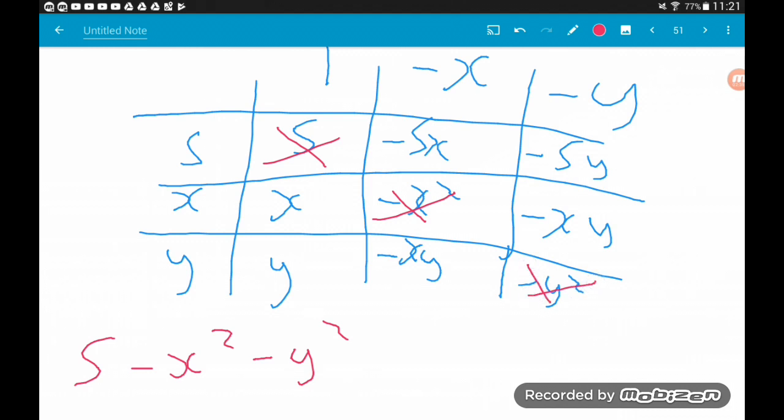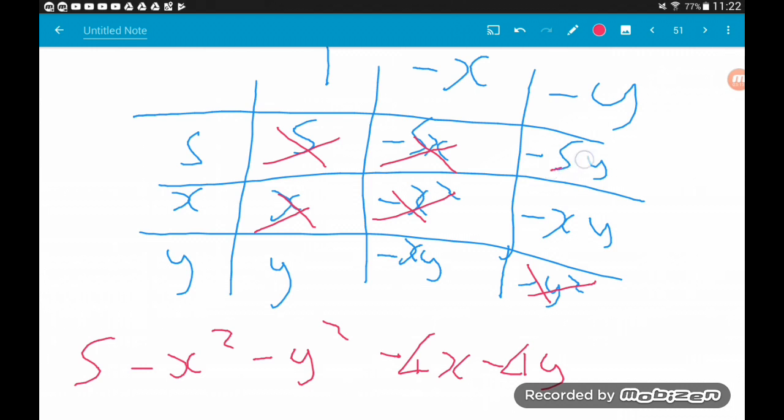Then we've got minus 5x, but positive 1x. So minus 5x plus 1x is minus 4x. So that takes care of this guy and this guy. We've got minus 5y plus 1y. So we've got minus 4y.